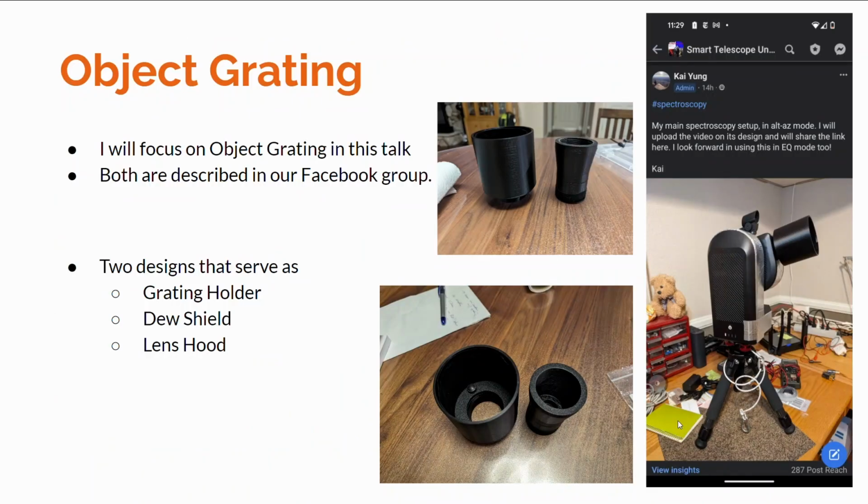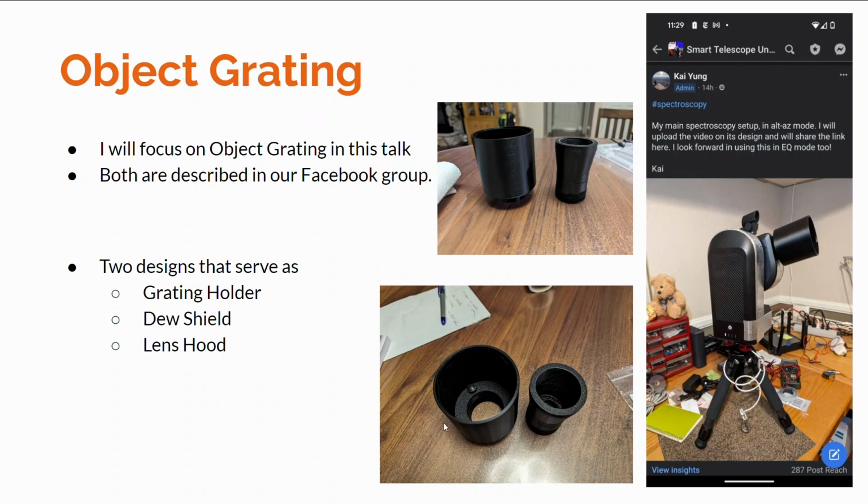Now I'm going to go through the design of the objective lens grating. I'll focus on the objective gratings. Both are described in our group, but here I'm going to focus on how I actually put the grating on the Seestar in the objective grating technique.